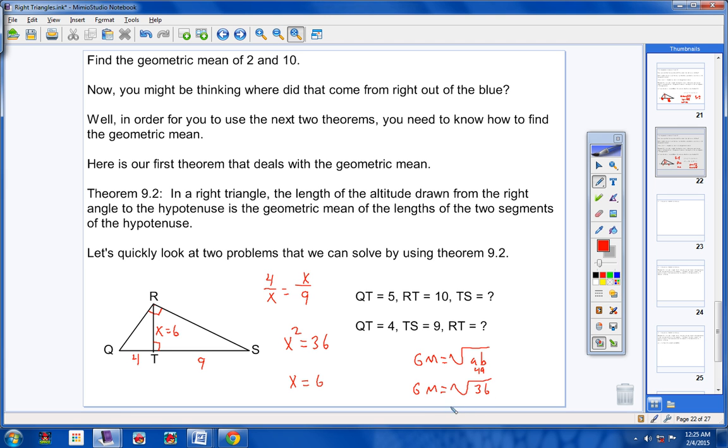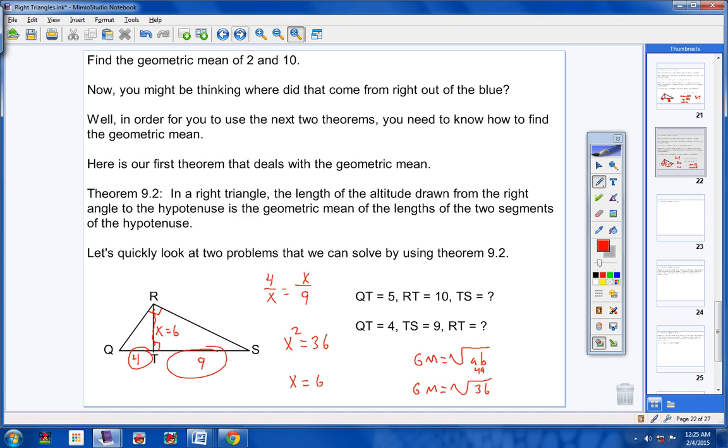And the square root of 36 is 6. Either way, you get the right answer. So before I move on, I want to say this one more time. The length of the altitude drawn from the right angle to the hypotenuse is the geometric mean of the lengths of the two segments of the hypotenuse, okay? So this length here will be the geometric mean of these two lengths right here.